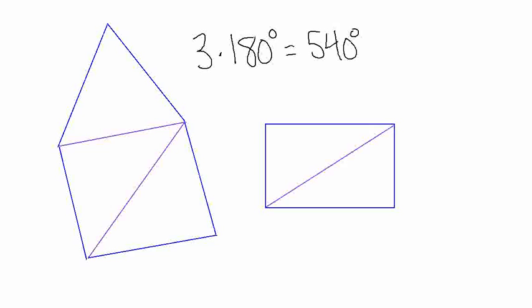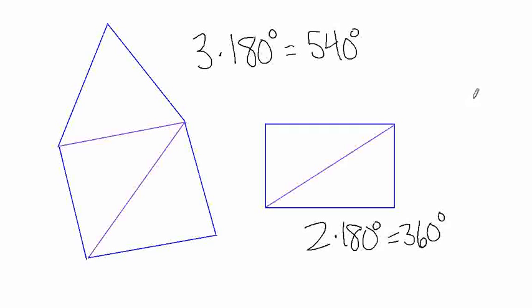Then let's ask ourselves, what's double the sum for either triangle? Well, that would be 2 times 180 degrees, which would give us 360 degrees.